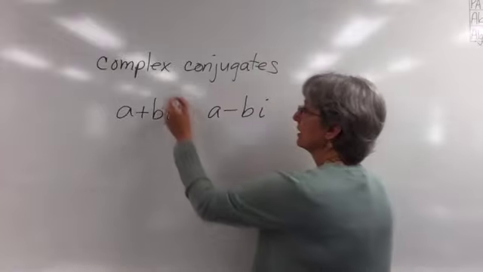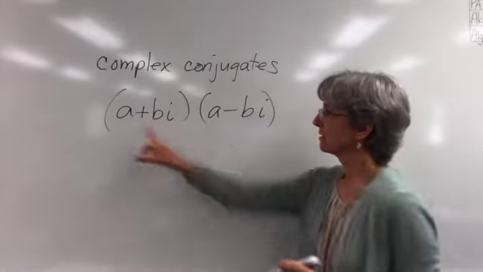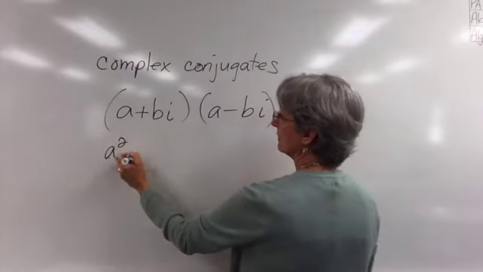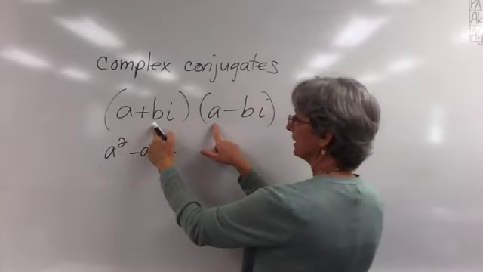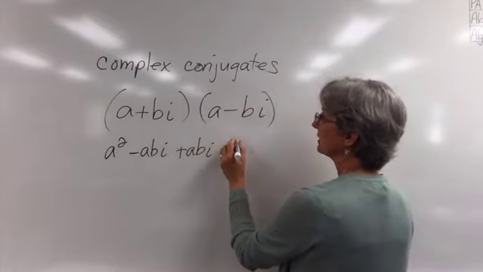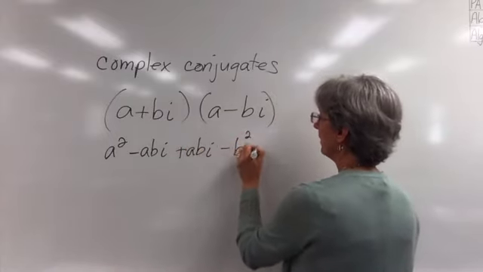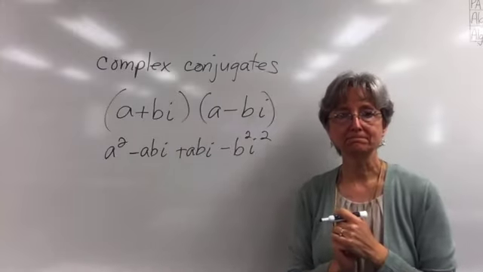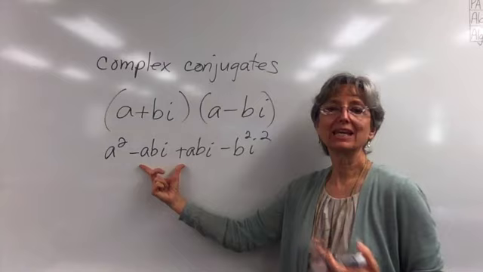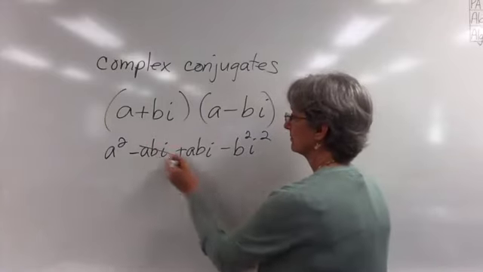If I FOIL this, okay, I get a squared, I get negative abi, I get positive abi, and I get negative b squared i squared. Do you see that? These are opposites, so they cancel each other out.